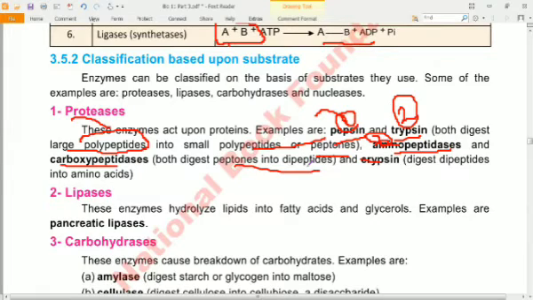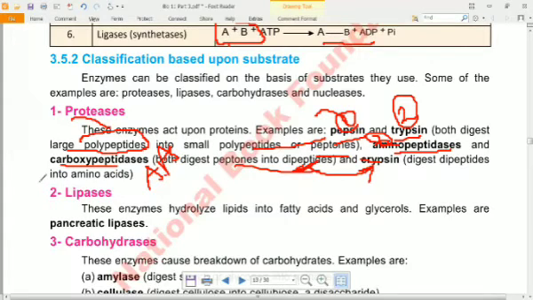So this is another intermediate product. Now dipeptides are handed over to erepsin. So erepsin is the enzyme which digests or breaks down these dipeptides into amino acids. So we know that amino acid is a unit of proteins.